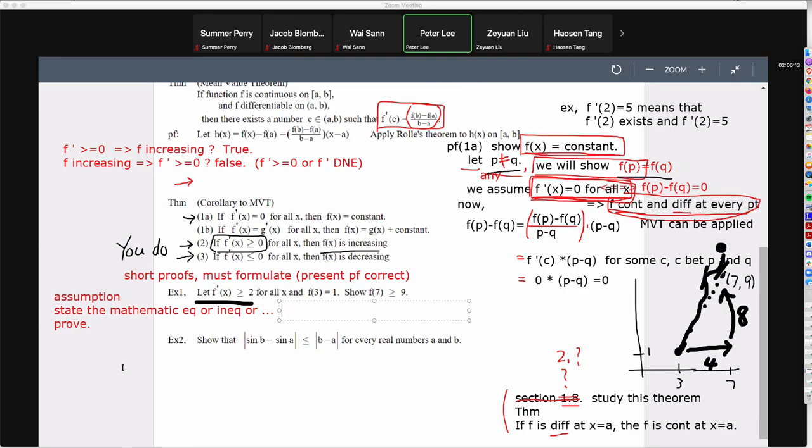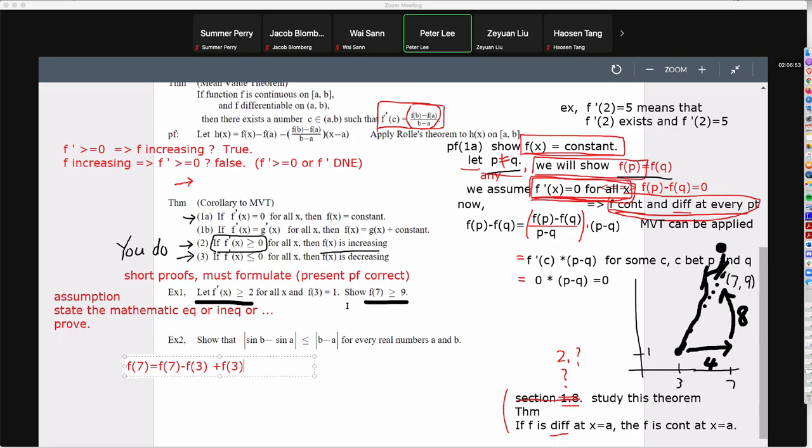We'll show that f of 7 equals f of 7 minus f of 3, and then plus f of 3.